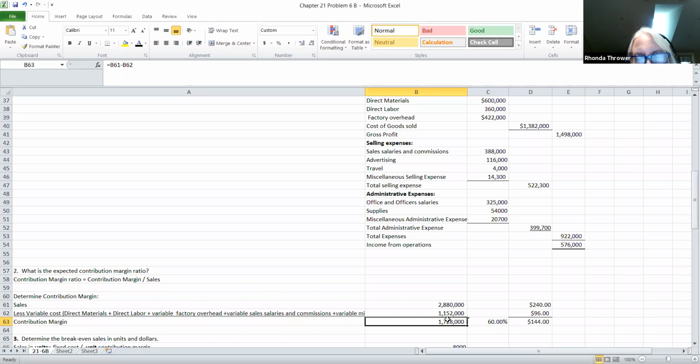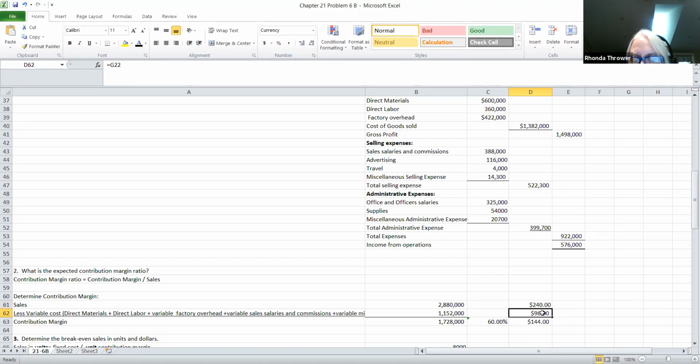The contribution margin ratio is 60%, and it is found by taking your contribution margin and dividing it by your sales figure. So this contribution margin divided by the sales figure will give you 60%. I also took it a step further and showed you that this was the selling price per unit, and this was the total variable cost per unit that was given up above.